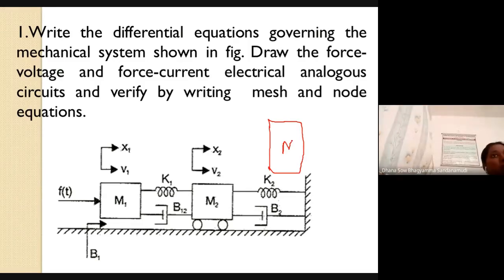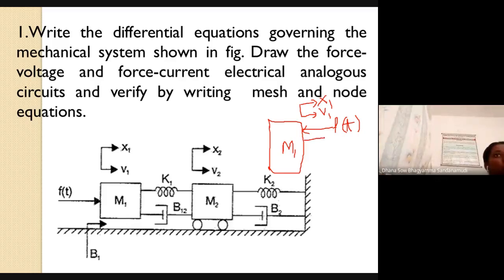M1 is the mass, X1 is the displacement, V1 is the velocity, and the applied force at M1 is F of t.